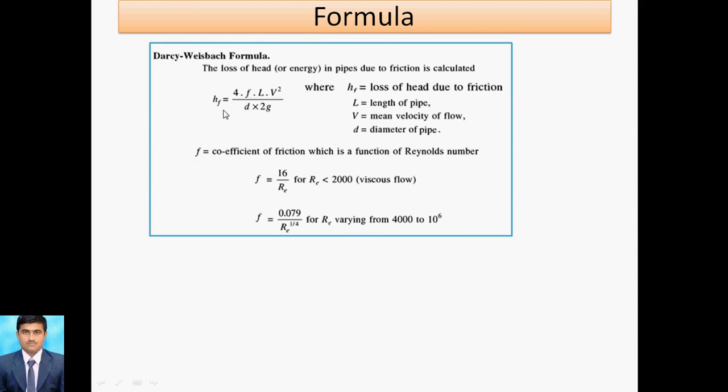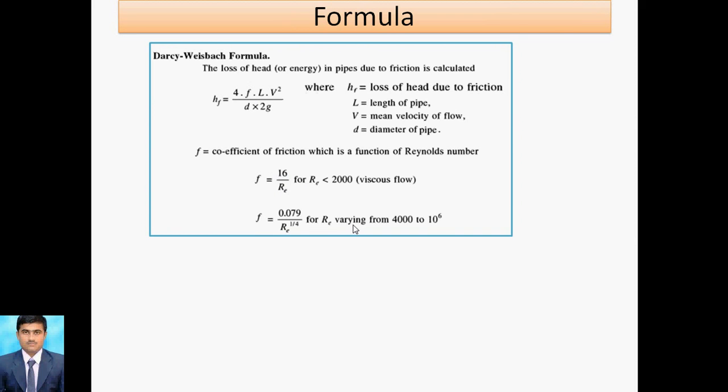Again I repeat this, whenever the calculation is for major loss we can go for h_f. h_f is equal to 4 f L V square by 2 g d, and h_f is equal to head loss due to friction. If f is required for the calculation of loss of friction, then we first calculate R_e. If R_e is less than 2000, then we can go for this formula.